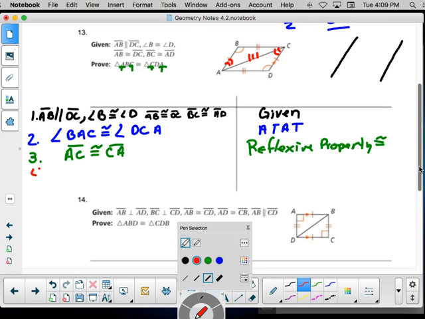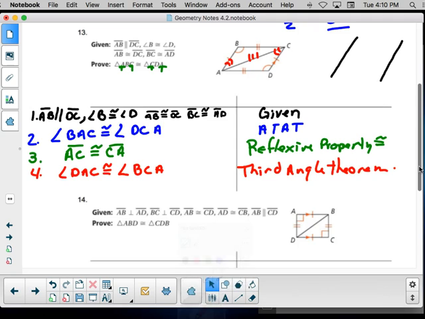So in step 4, I have angle DAC congruent to angle BCA because of third angle theorem.